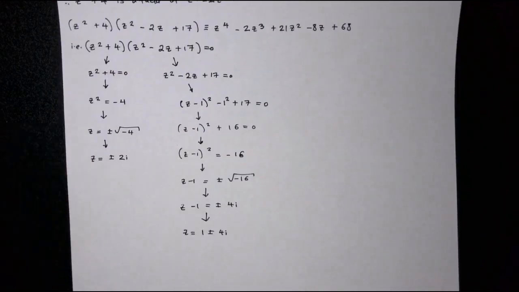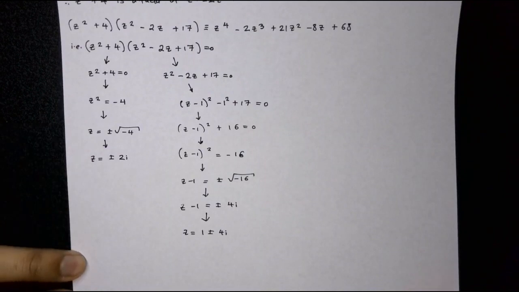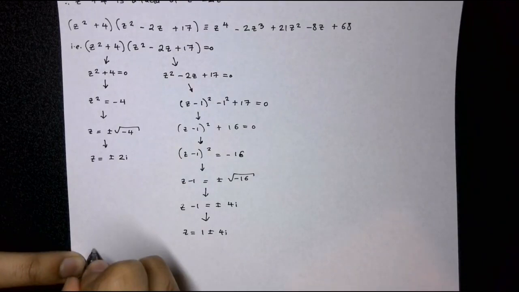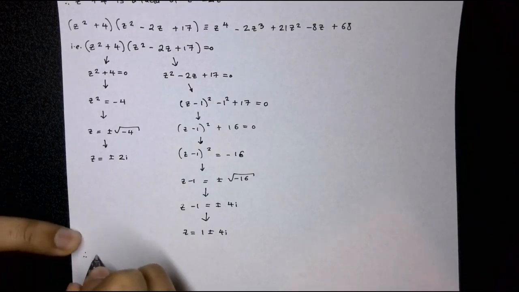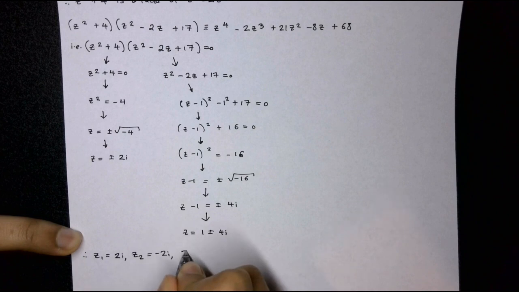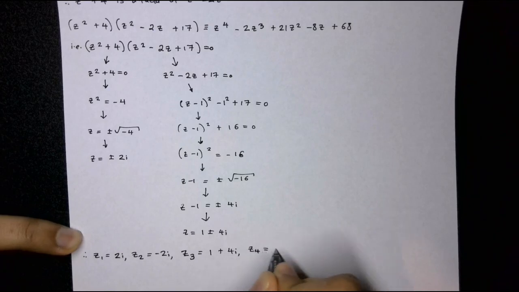So we've got 4 roots over here, and that makes sense because we've got a polynomial of degree 4 which we're solving. So we can conclude here z1, that's equal to 2i, z2, that's equal to minus 2i, z3, that's equal to 1 plus 4i, z4, that's equal to 1 minus 4i.